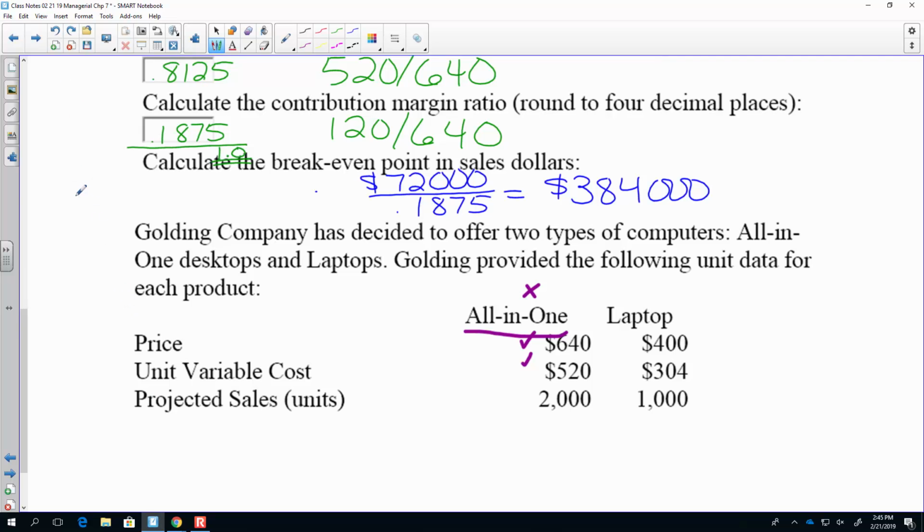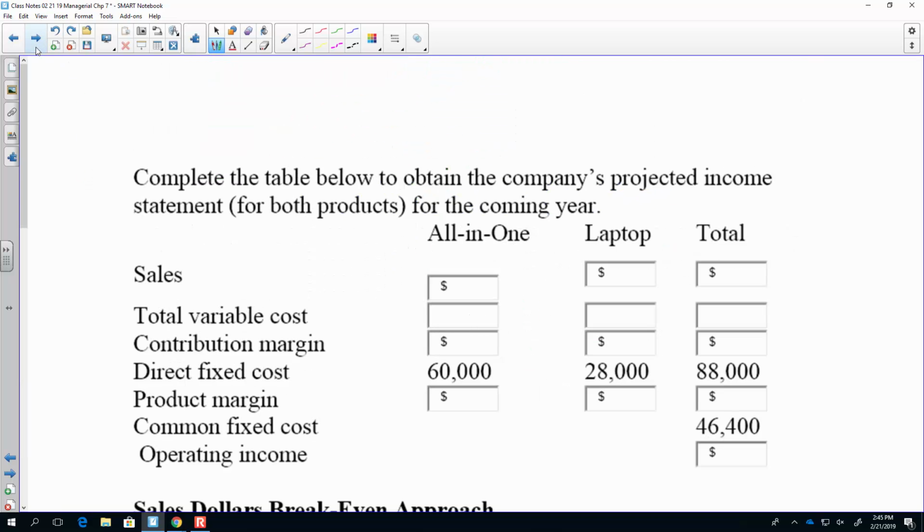Now they're looking at sales of 2,000 and 1,000. Let's go to the next page. Here is a different kind of margin statement. So we're selling 2,000. We're selling 1,000. This is a segmented margin statement.